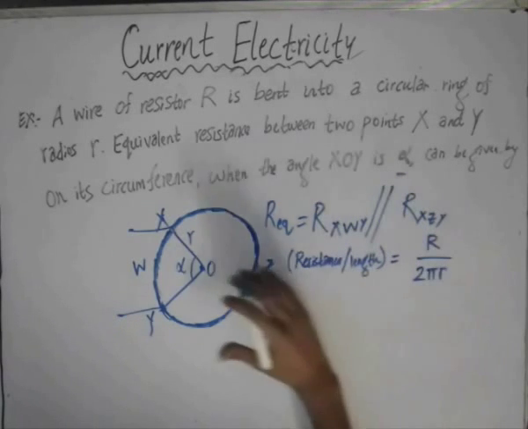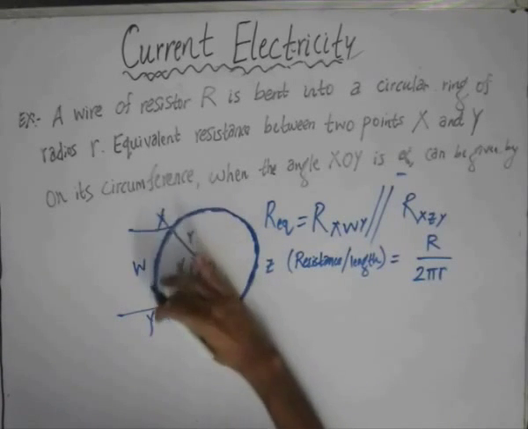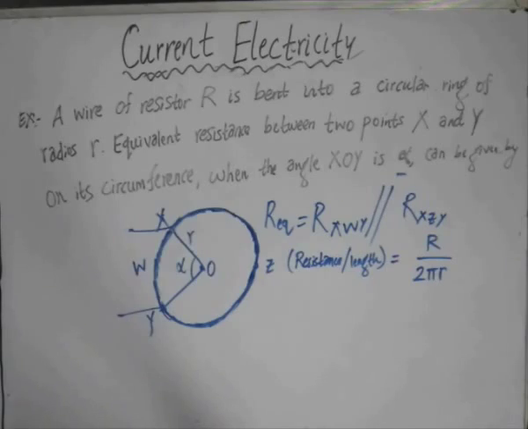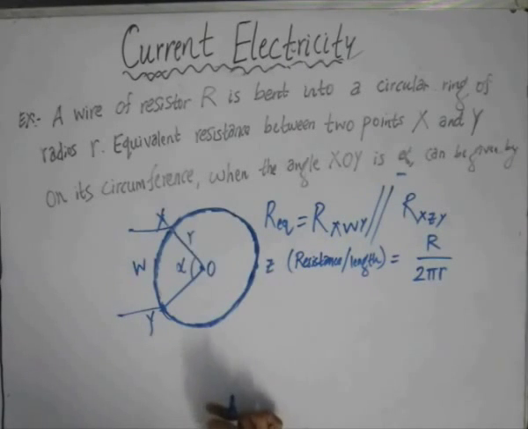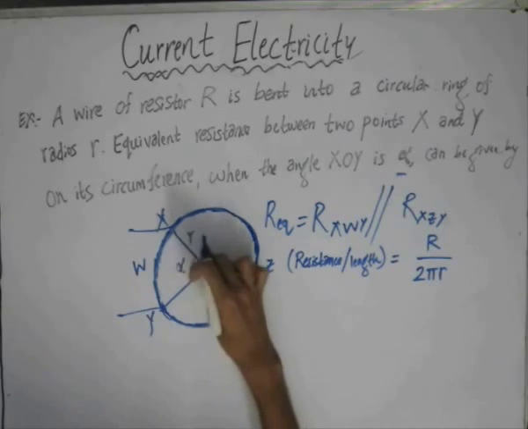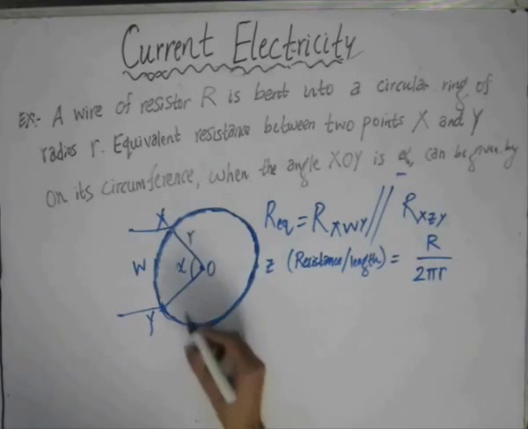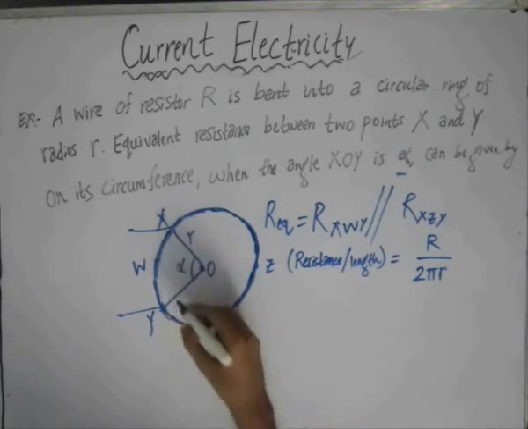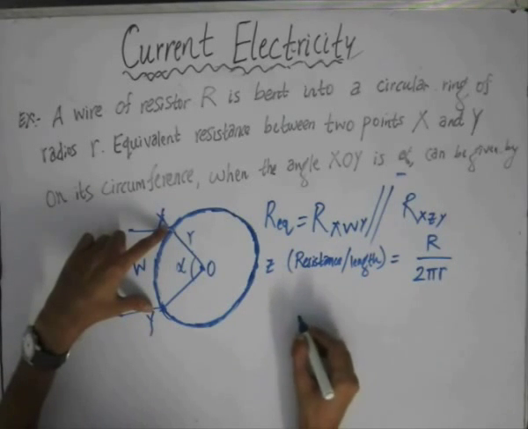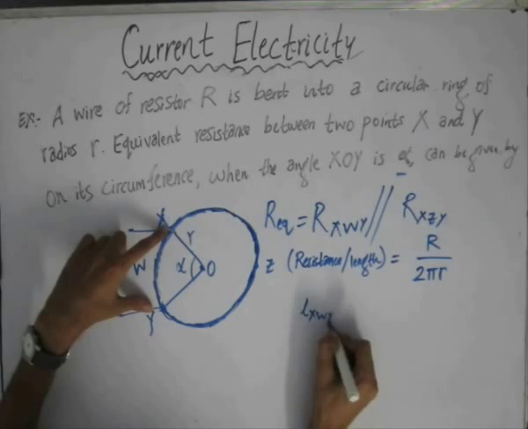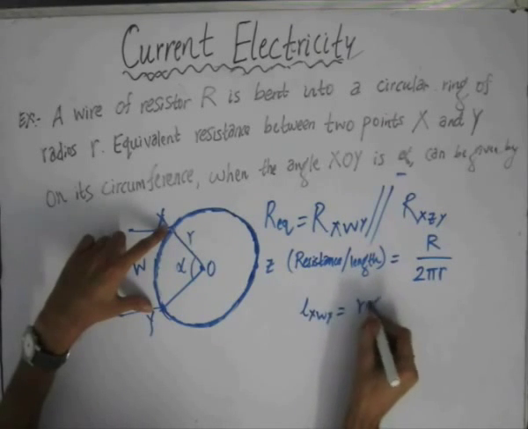Now, if we want to determine the resistance of this length of wire, we know from geometry that the length of the arc for an included angle alpha is given as the radius times the included angle. That means the length of the wire XWY is r times alpha.